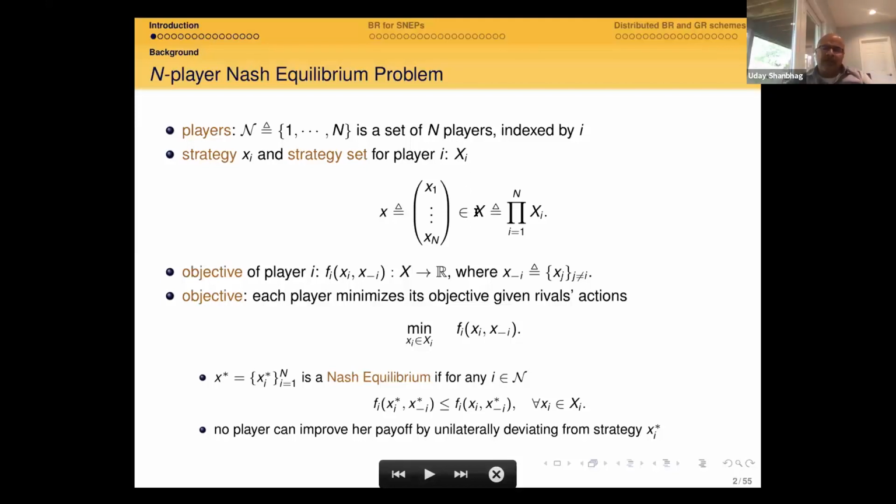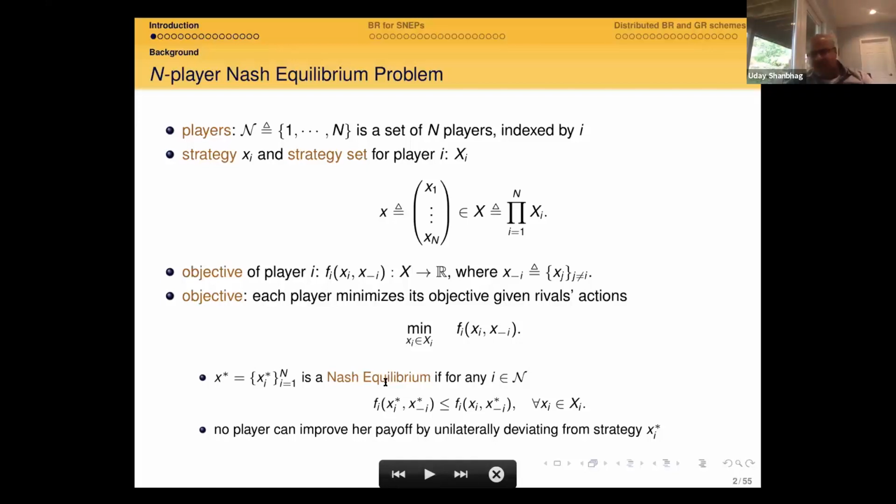If I refer to capital X as just the Cartesian product of the X sub i, I'm going to refer to the objective of player i by f sub i. It depends on x sub i and x minus i, where x minus i is just a tuple of rival strategies. Each player is going to be minimizing her own objective given rival actions: minimize over x sub i in capital X sub i of f sub i of x sub i given x minus i.